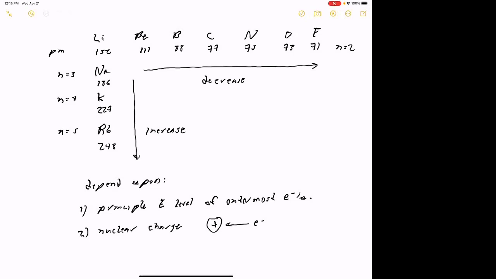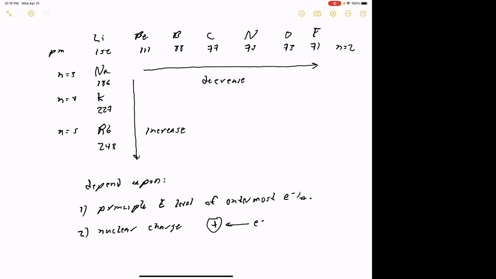Looking at lithium through fluorine, what's happening there? Well, we're introducing an electron in each case, but we're introducing it to the same principal energy level. But what else are we doing? As we move across, we're also introducing a new proton to the nucleus. So what's happening to the nuclear charge as I go across? It's getting bigger, because I'm introducing a new proton with each element.